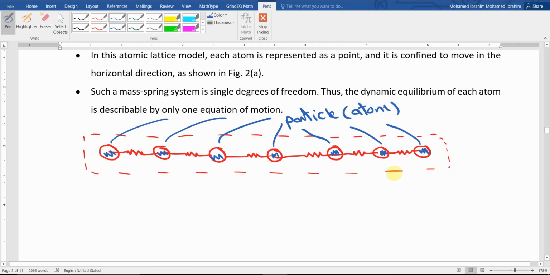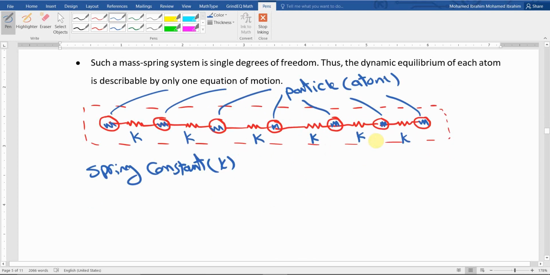In terms of mechanics, we can represent this interaction like a spring, with a spring constant, or spring stiffness, K. So K here stands for the spring constant, or the spring stiffness, right? And let us assume that all of these atoms or particles are confined to move along the x direction, in just one direction.